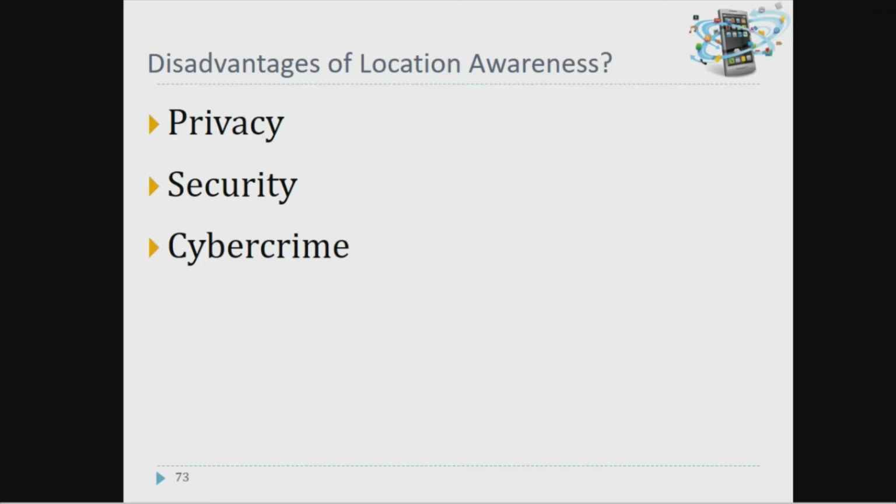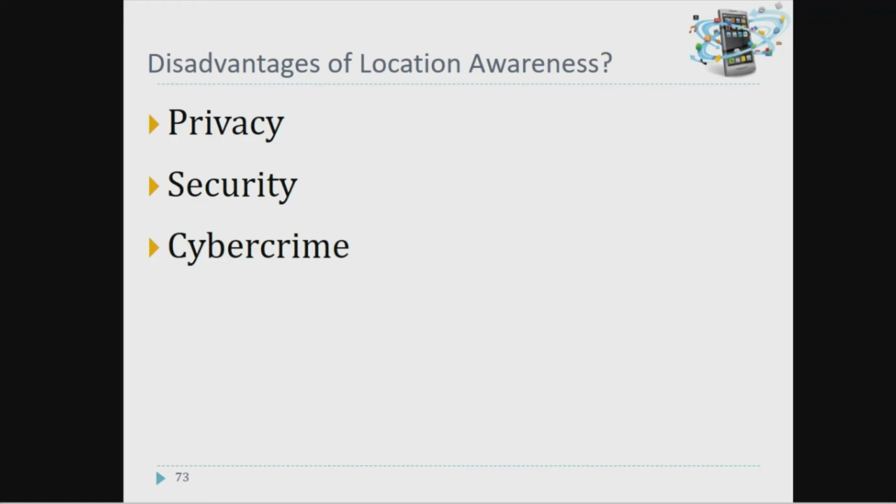How about the disadvantages? First is about privacy. People can track you. Second is about the security part. Because of the privacy and security, you can be tracked by others. It may expose you to cyber crime.